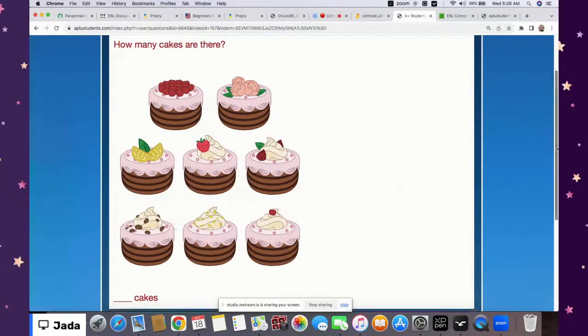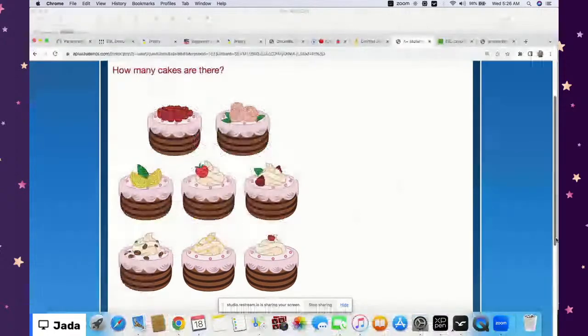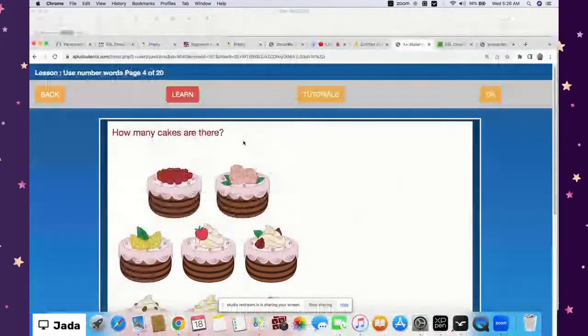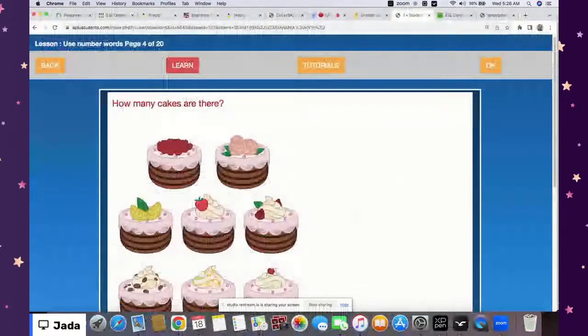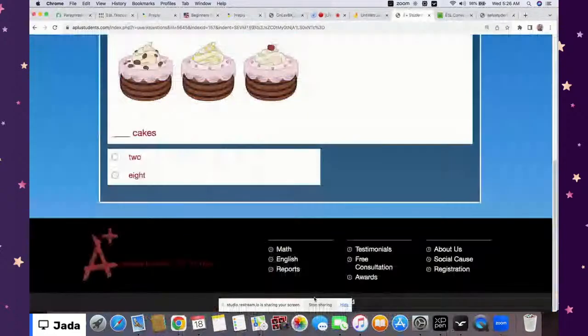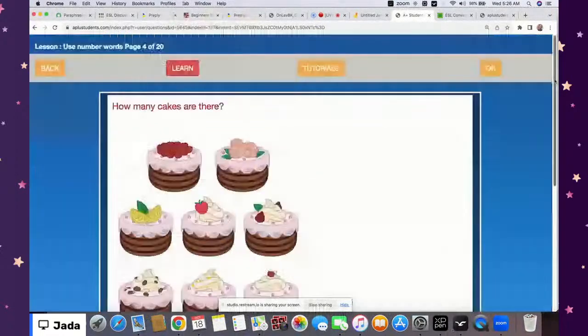So eight, right? Eight cakes we have here. Eight. Yeah, eight cakes.